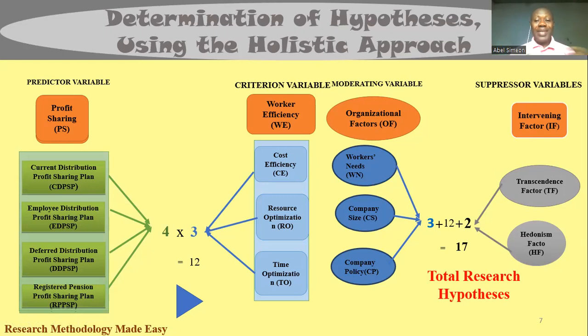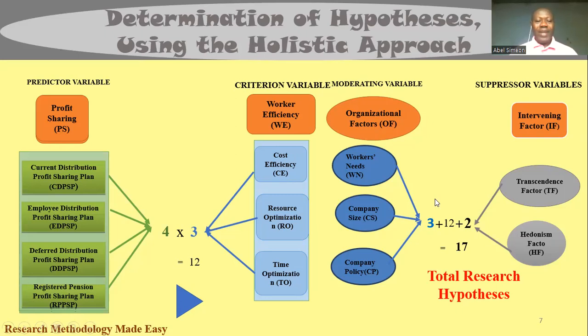But if I want it to be 6, all I need to do is to get 2 dimensions, 2 measures, 1 moderating variable, and 1 suppressor variable. So 2 times 2 is 4, plus 1, 5, plus 1, 6.